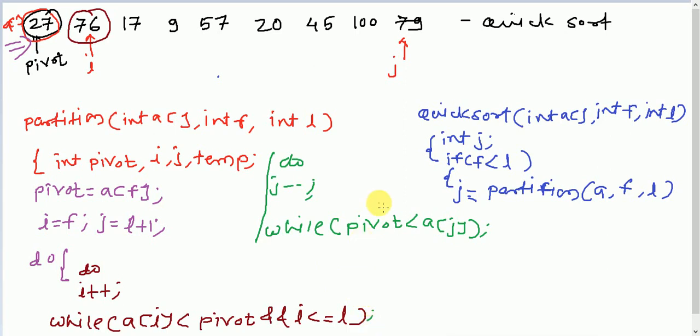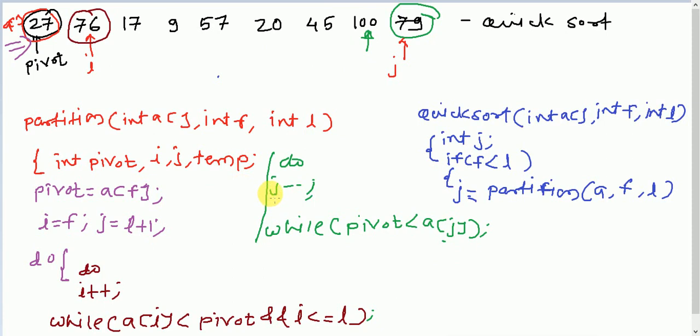Correct? Now see here, j minus minus, j was pointing to the last plus 1. Now j minus minus, j will point to 79. Compare 79 with 27. So 79 is greater than 27. So pivot is smaller than A of j. J minus 1, j will come at 100.